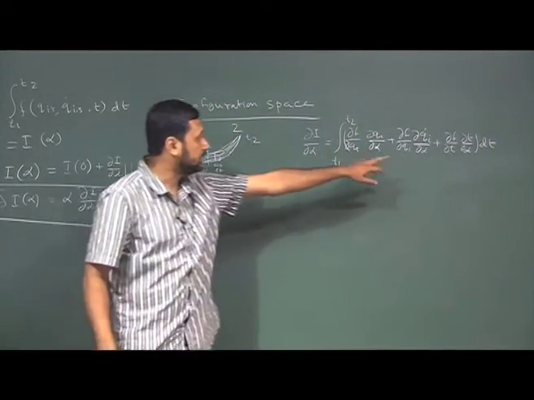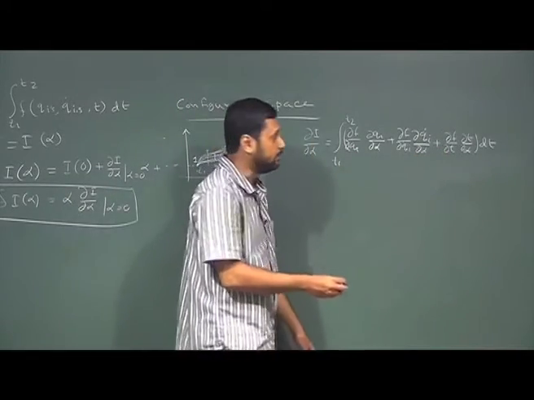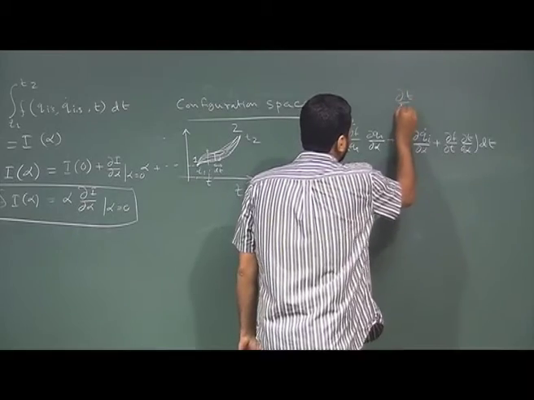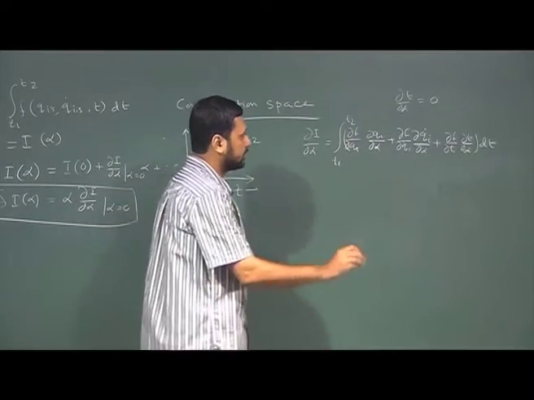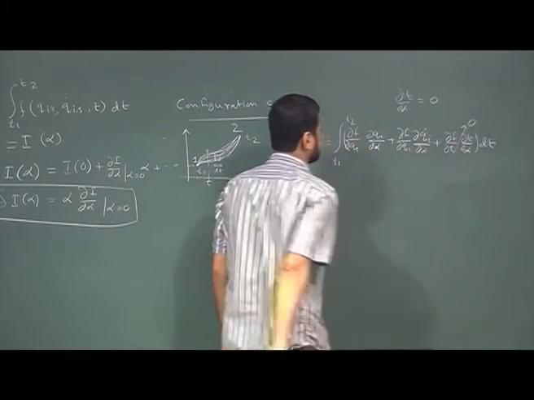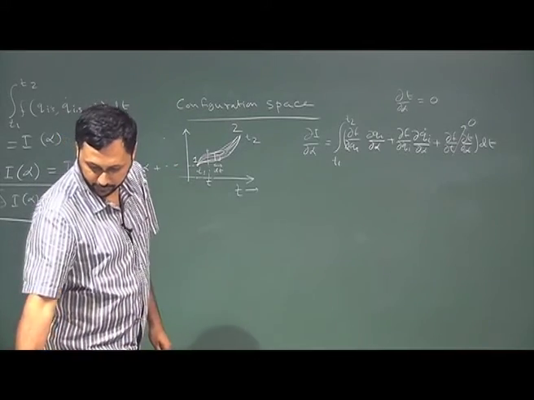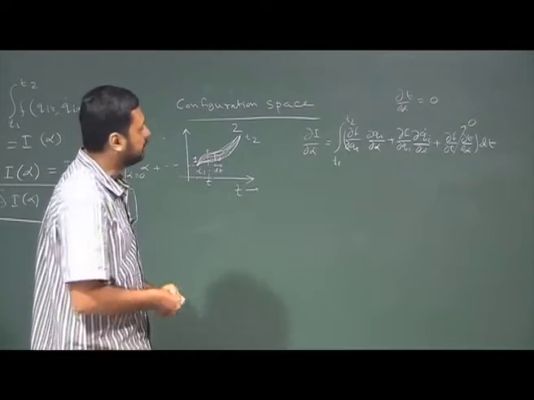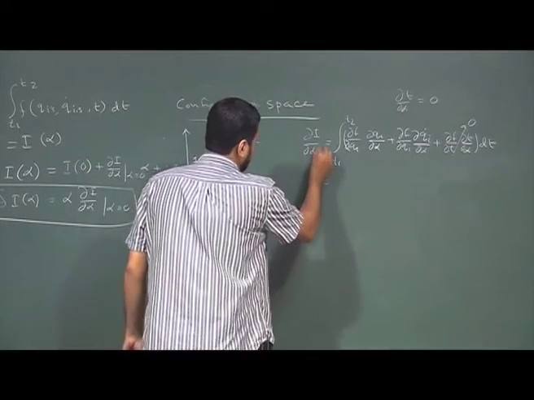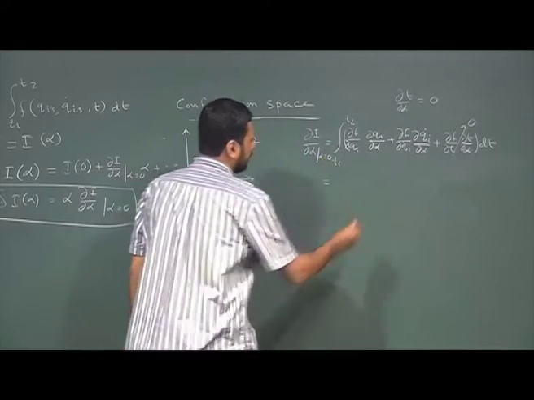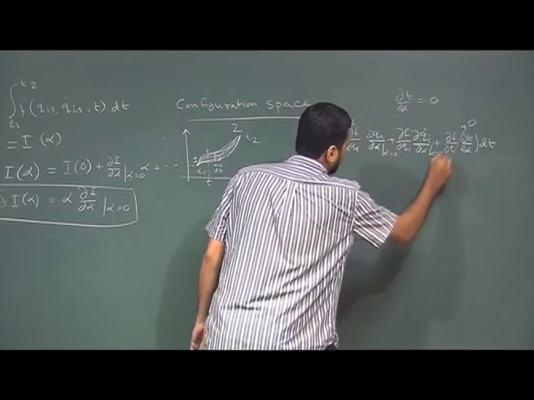Now, the last term vanishes, because alpha is not a function of time, so del t del alpha is equal to 0. Two terms remain, and all these derivatives are evaluated at alpha equal to 0, right.